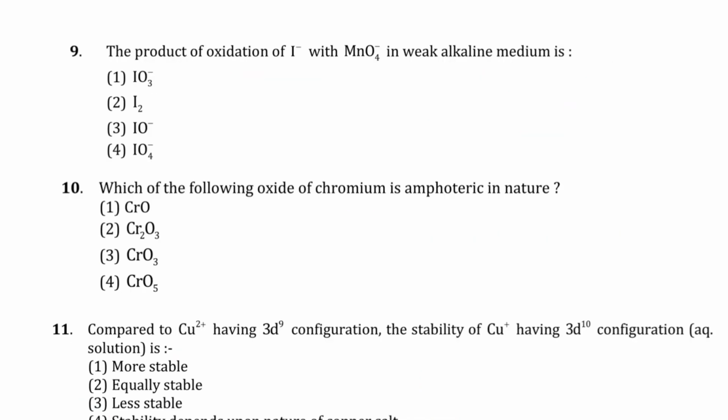Ninth question. The product of oxidation of I minus with MnO4 minus in weak alkaline medium is, and these are the options. Keep in mind, generally I minus converts into I2 in acidic medium. I minus converts into IO3 minus in weak alkaline medium with KMnO4.